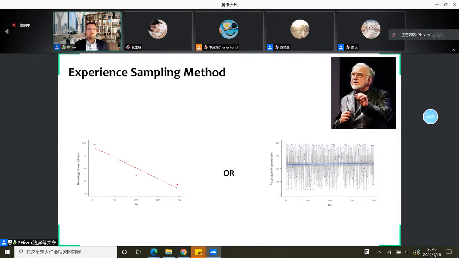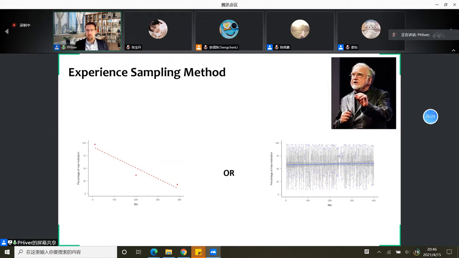Okay, so we're moving on to another method now, and this is the experience sampling method. Now, the originator of this method is none other than Mihaly Csikszentmihalyi. He's the founder of flow theory. So in studying flow, he stressed the need to take two factors into account. Csikszentmihalyi said, first, individuals' experience is complex and idiosyncratic.